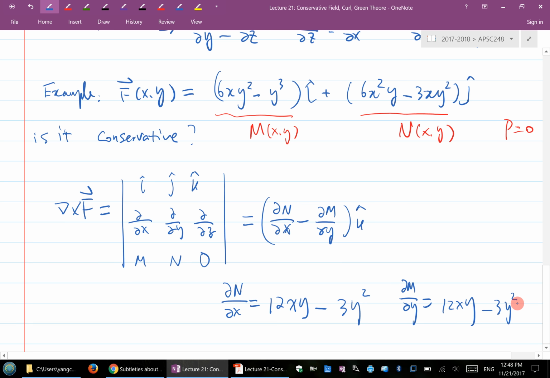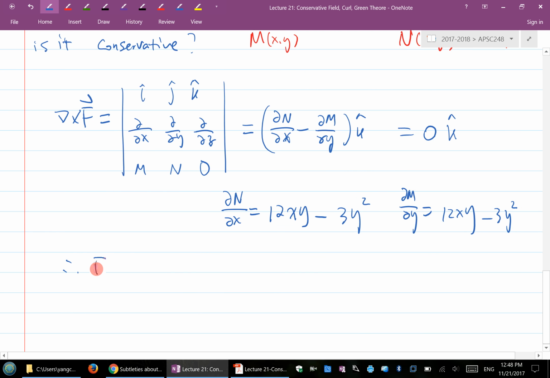Apparently these two terms are identical, so you end up with 0 k hat. If this is 0, then that proves this vector field F is a conservative field. So thus this one is conservative.